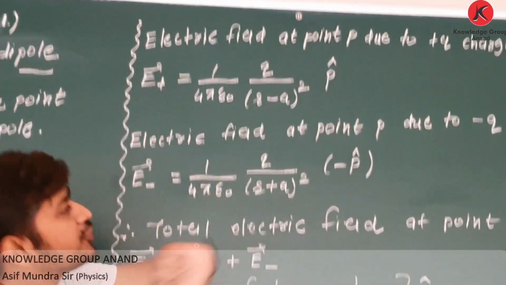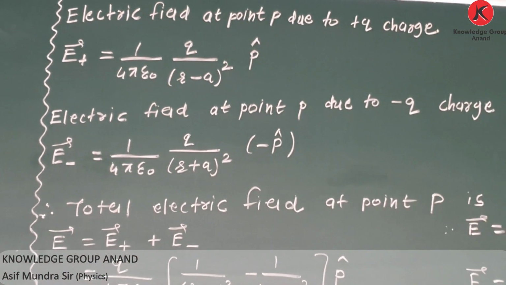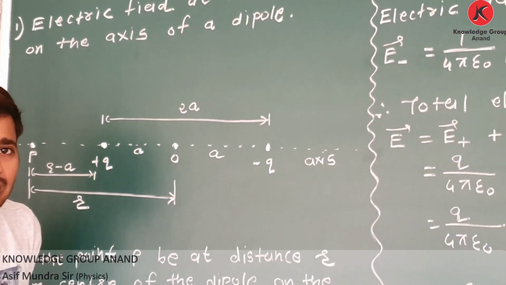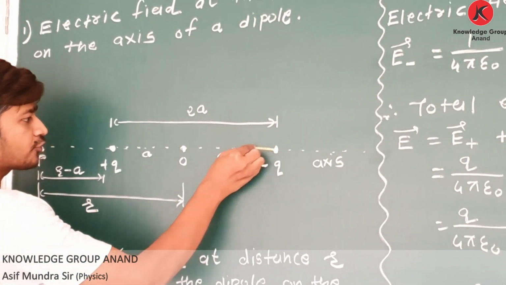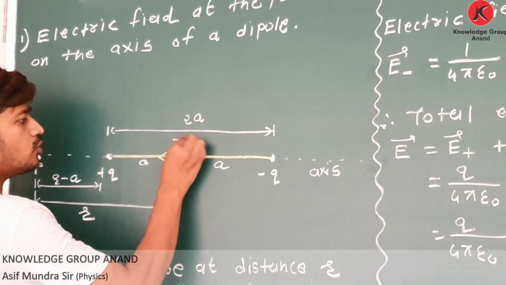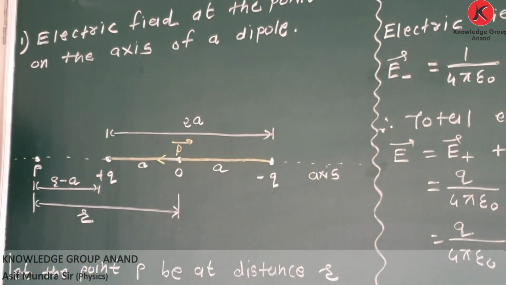Now what about the unit vector p caret? See here in the figure, what is the direction of electric dipole moment? From minus q to plus q, from negative charge to positive charge.